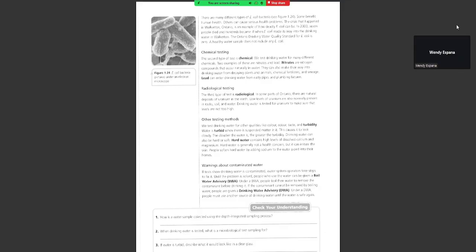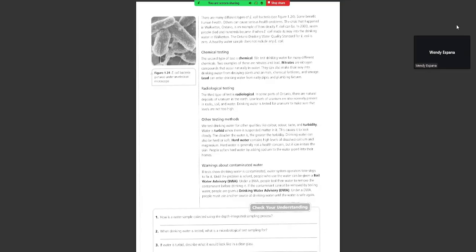If your water is contaminated, if we do find something when we do this testing, then we have to solve the problem. If you can take water and boil it, and that will get rid of the contamination, then you're safely able to drink it. It's called a boil water advisory.